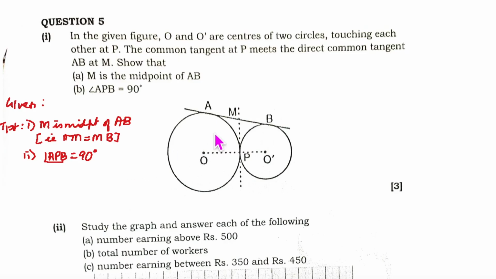Now out here you are going to have the statements and reasons. So in that proof, you are going to make statements and reasons columns. First you will see that M is the external point from where MA and MP are the tangents.